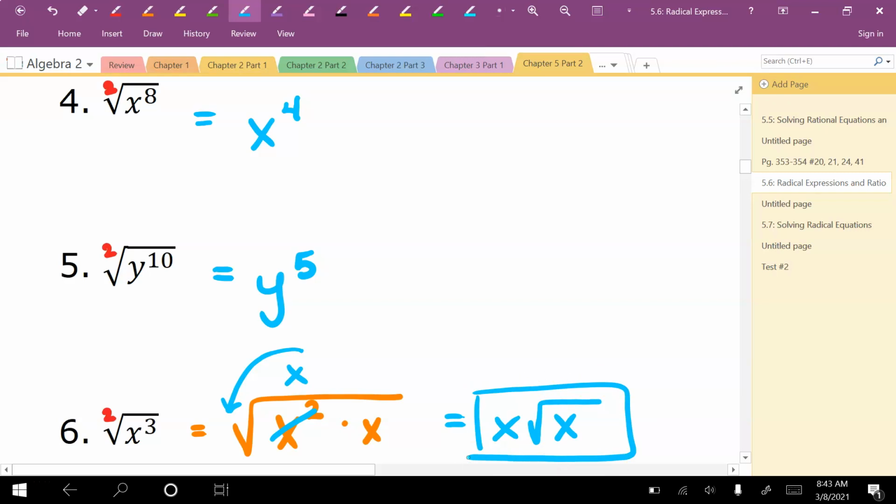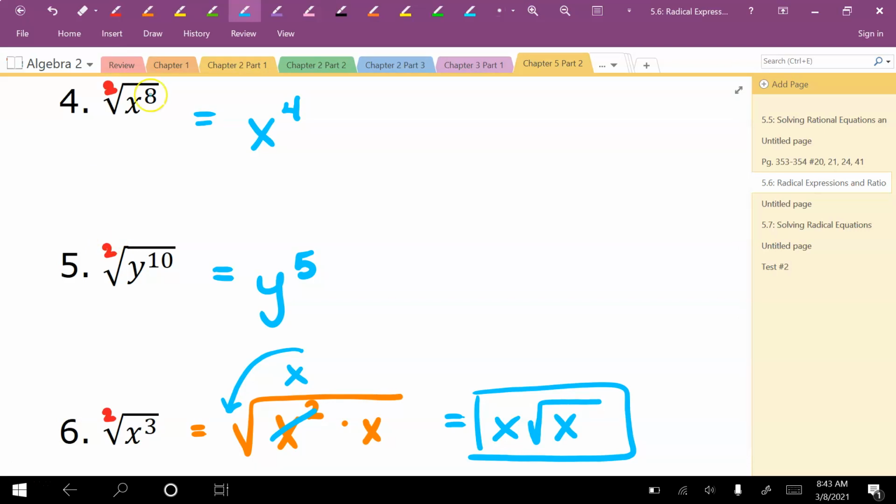Now you can do that for any number. So if you had y to the 11th power, take off a y and have y to the 10th and then your y. Then you can simplify your y to the 10th by dividing that by 2. The same thing happens if all of these had a little 3 in the corner instead. You want to get your exponent to a number that's divisible by 3.